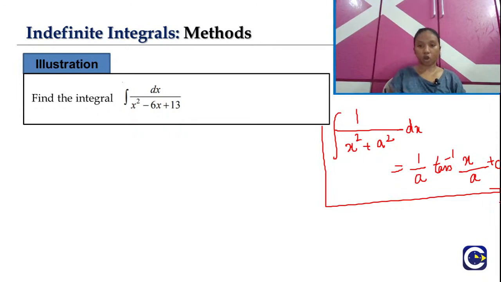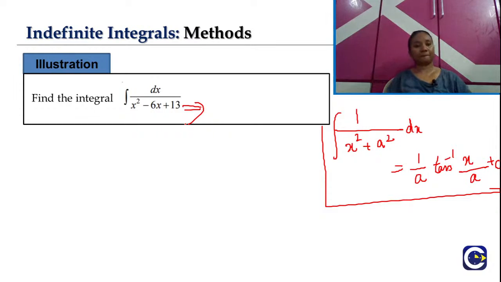By looking at the formula here, you might have got an idea how to simplify this given denominator. I have explained that part of taking a common x plus.